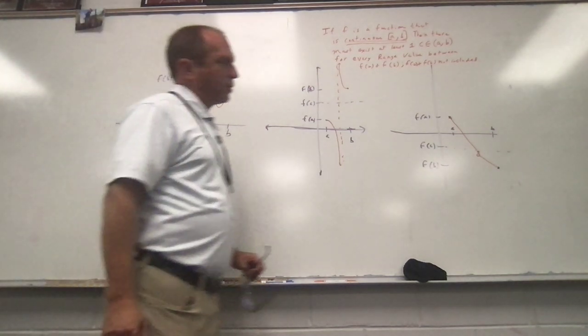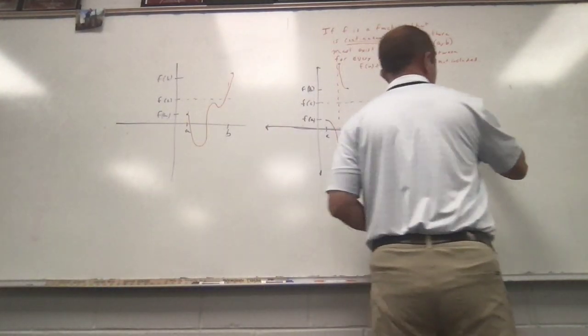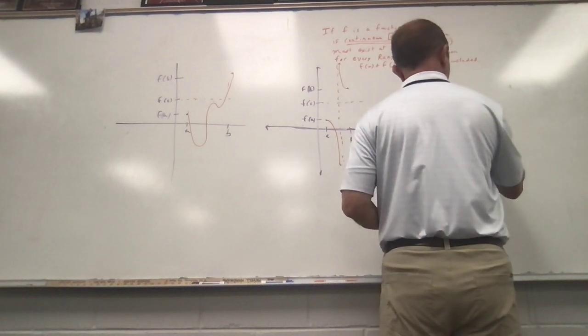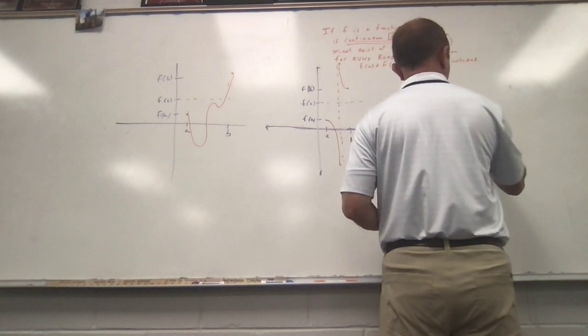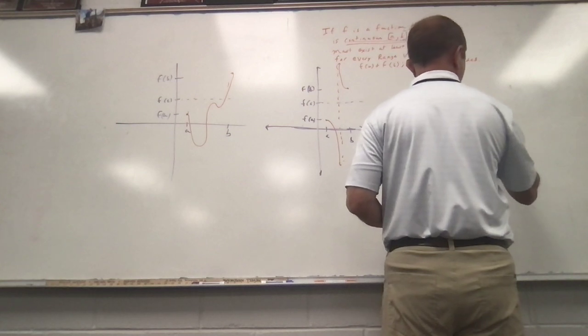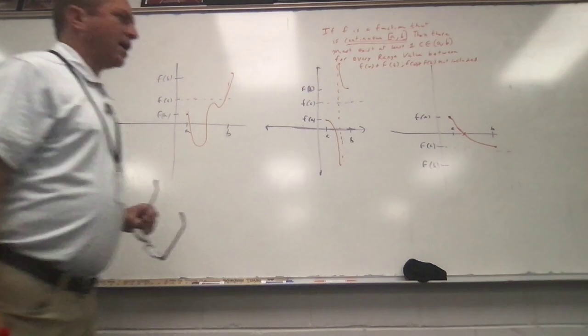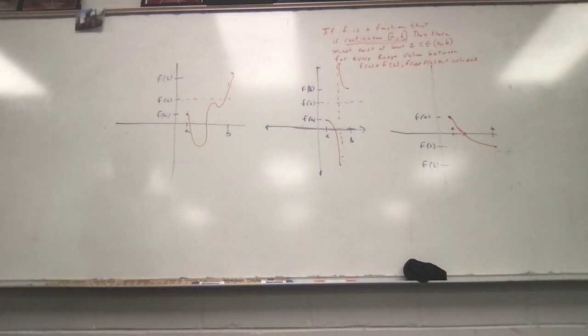But essentially what you're going to do is type in a function, and that function is going to say, hey, there's a zero value right there. So your calculator says, hey, I know this function that we just entered into the y equals screen is continuous on a closed interval from a to b.